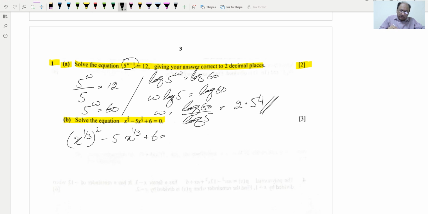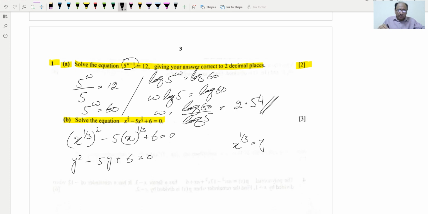Now we can put x^(1/3) equal to y, and this will be y squared minus 5y plus 6 is equal to 0.